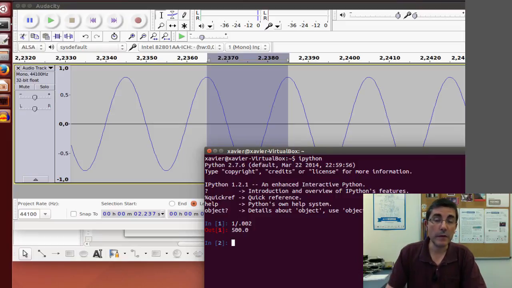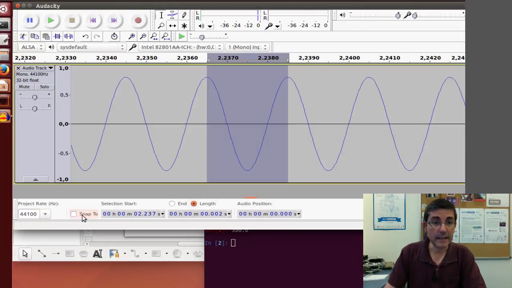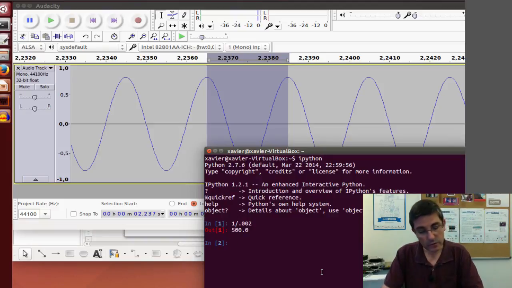Okay, another thing we might want to check is, okay, this period has a series of samples. So how many samples does one period of this sinusoid have? Well, in order to compute that, what we should do is start with the sampling rate. The sampling rate is 44,100, and multiply it by the duration of this period.